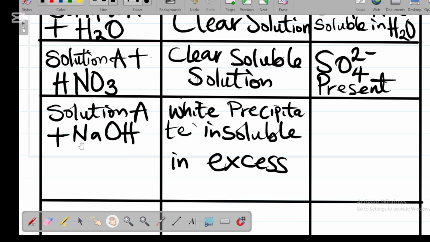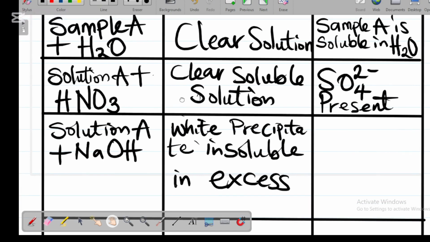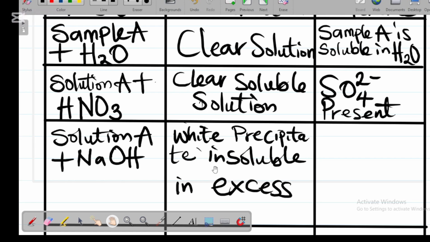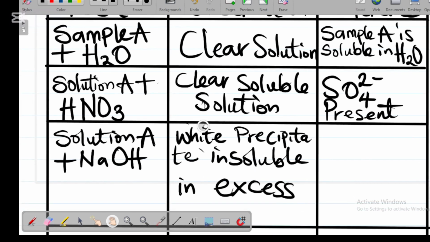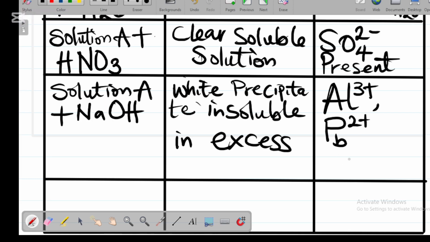Solution A plus sodium hydroxide, if you dilute both of them, it would give you white precipitate, insoluble in excess. That's what you are going to observe in the laboratory. And since you have white precipitate, insoluble in excess, that means your inference, which is the evidence, should be what? It should be aluminum ion, lead ion, and zinc ion.